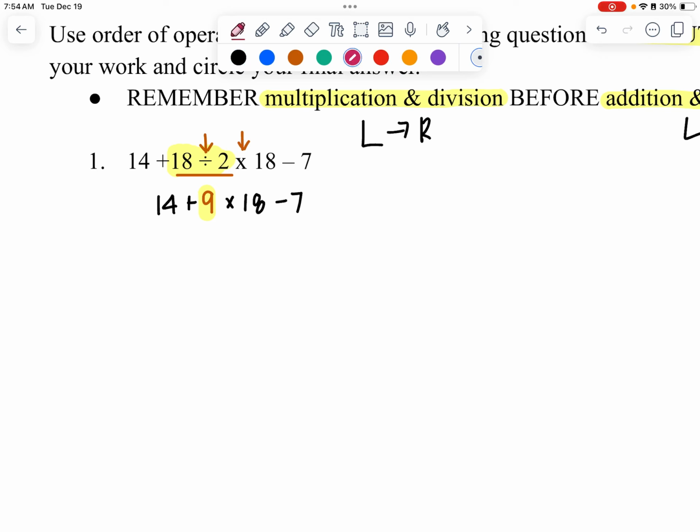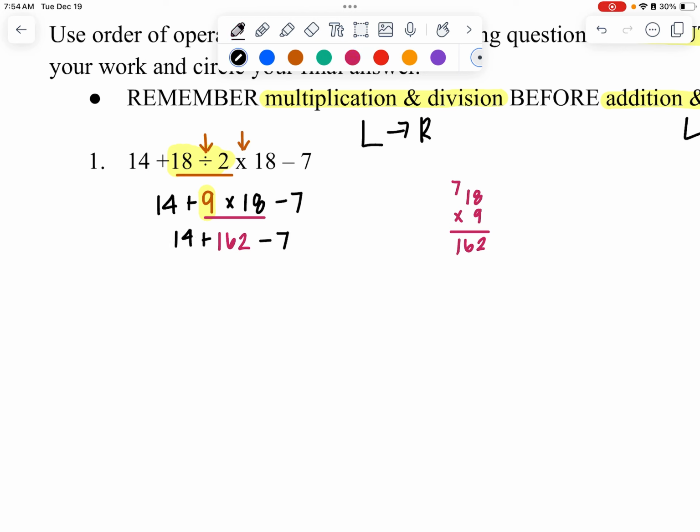Now I know that multiplication comes next, because I have to multiply before I add or subtract. I'm going to multiply 18 times 9 off to the side, 162, and then I'll rewrite the steps I have not completed yet.